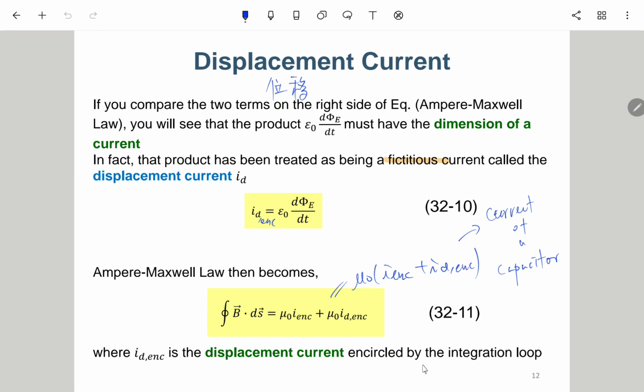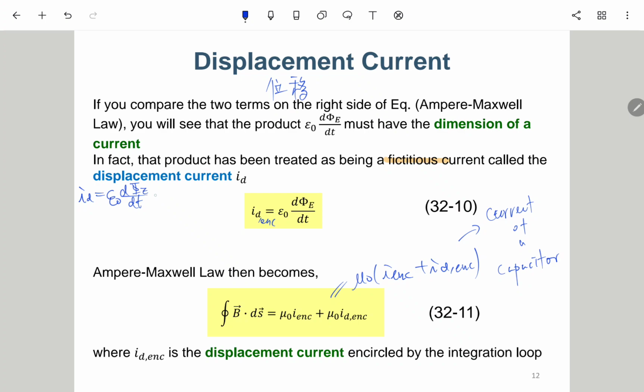How do we know this is a current of a capacitor? So if we just try to write I_D is epsilon naught d phi e dt, we can actually verify it with some simple calculation.